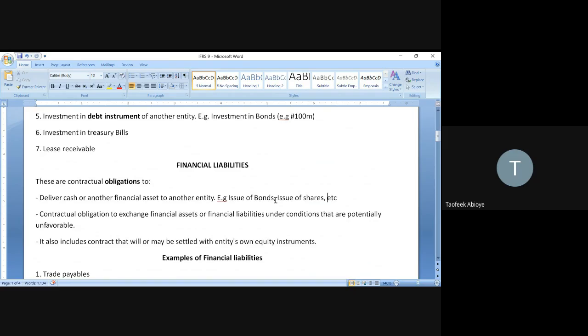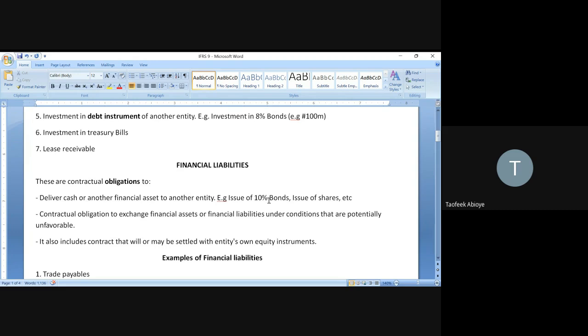So whenever you see bond, there is one characteristic in bond. They call it issue of 10% bond. There is usually a percentage beside that bond. They can call it 8% bond. So that percentage is the interest you'll be collecting every year.